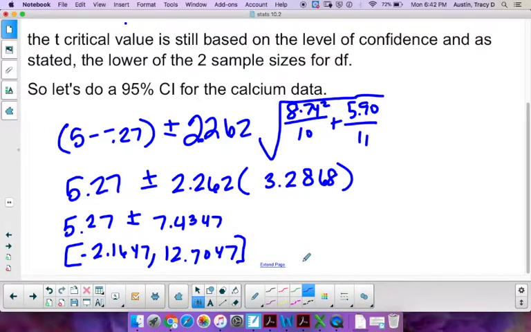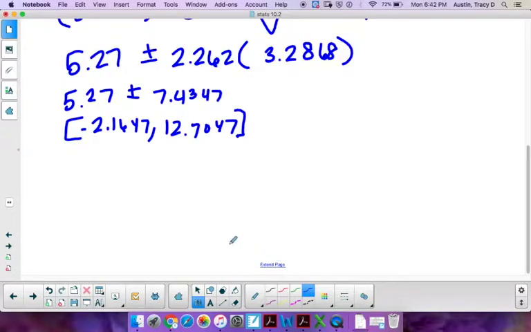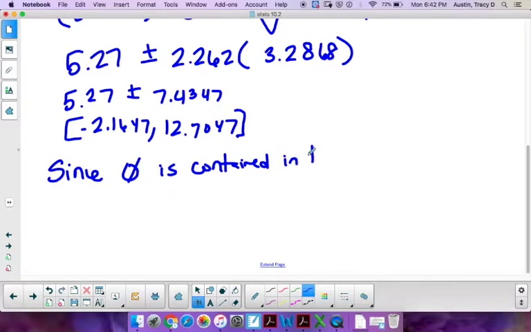So what we would make as a statement, since it's proof, since 0 is contained in the 95% confidence interval.